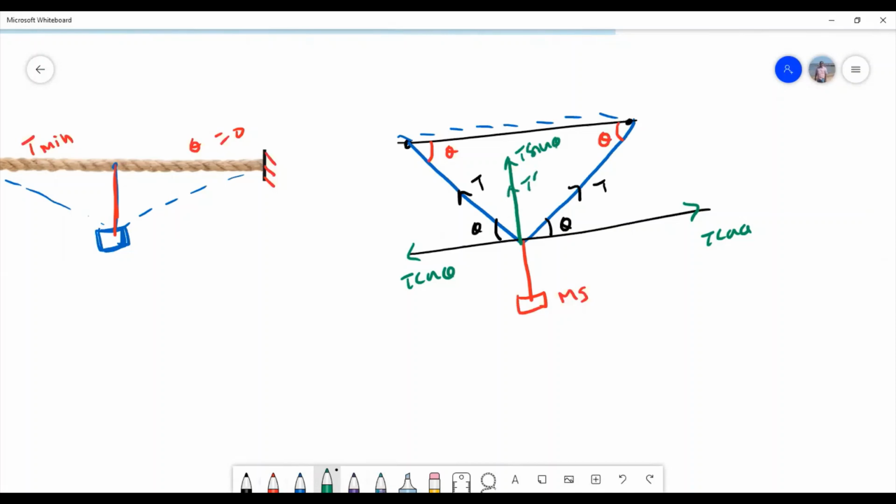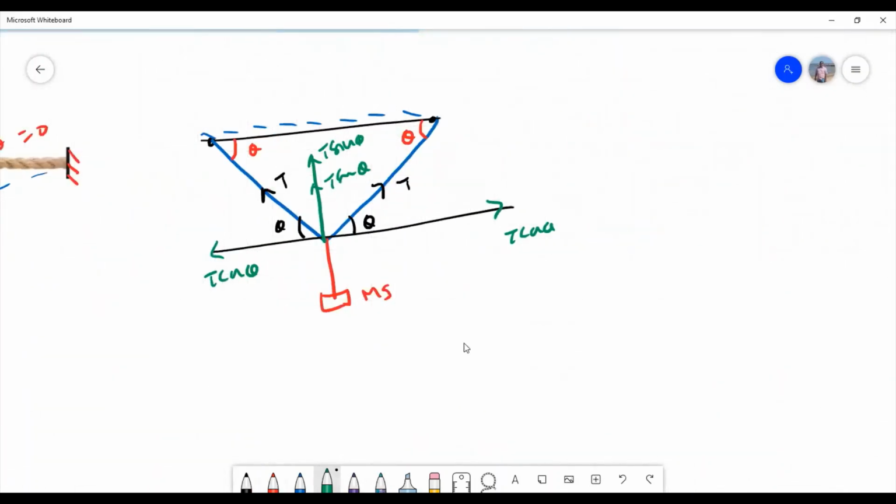For this one, vertical component is T sin theta. Again, the same logic, T cos theta will be opposite, cancel, there is no effect. For equilibrium, you can equate total upward forces. 2T sin theta is equal to mg. Now here T is equal to mg by 2 sin theta.